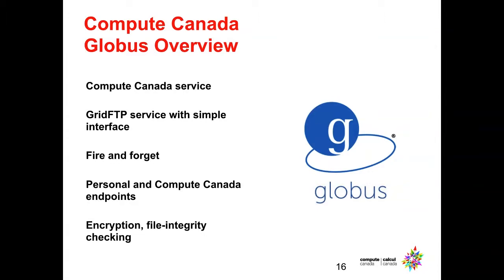So everybody has access to the base level of service, but there's also an additional level of service called Globus Plus. And what I recommend that everybody who's listening right now, if you think that you might use Globus, it's worth your time right now to open up your email client and send an email to globus@computecanada.ca.